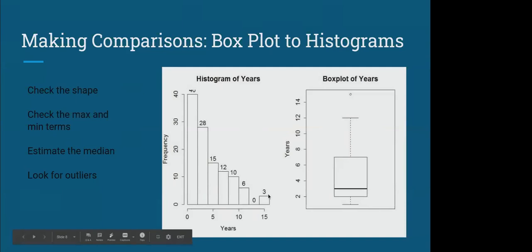Okay, so we see the shape of the histogram. We can see in the histogram, before we even look at the box plot, what it looks like. So we can determine the shape, right? So we know, what's the shape?